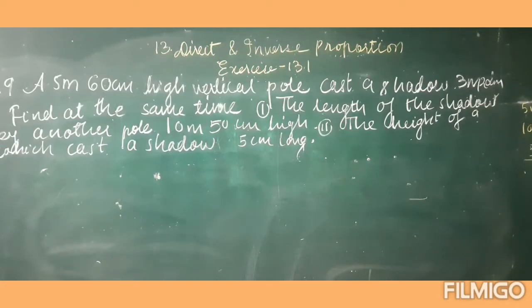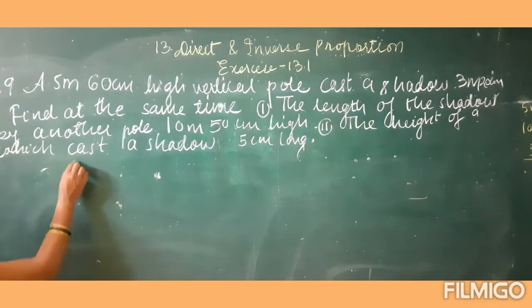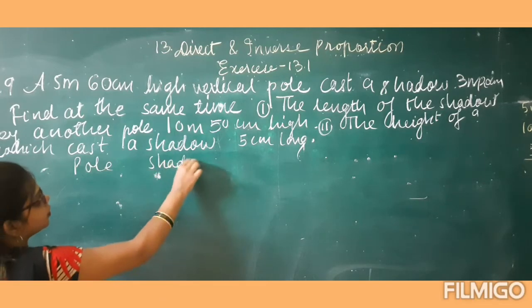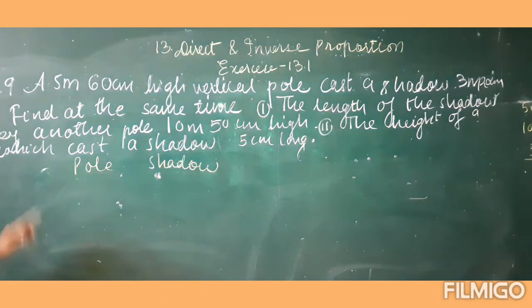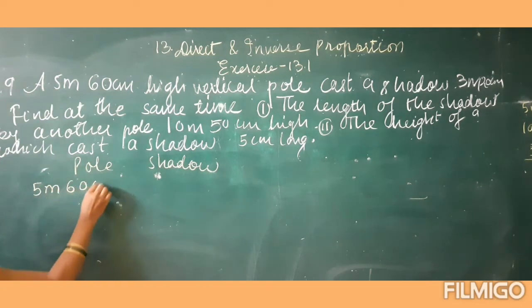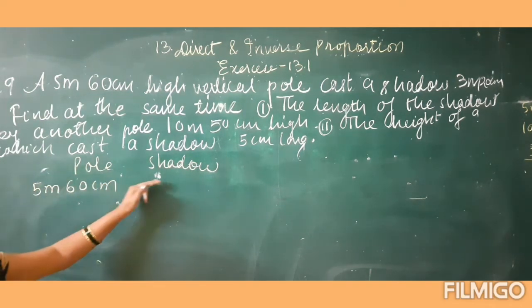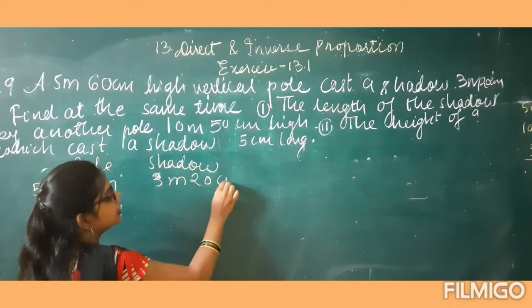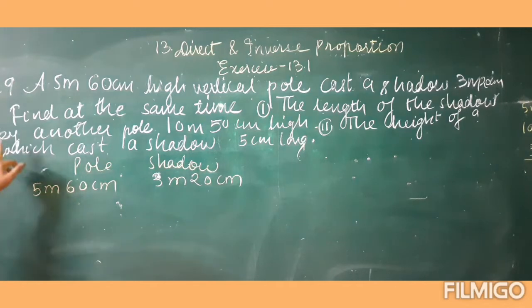This is question number 9. Here it is saying a 5 meter 60 centimeter high vertical pole casts a shadow of 3 meter 20 centimeter. Means here pole is given and shadow is given. The 5 meter 60 centimeter pole has a shadow of 3 meter 20 centimeter.